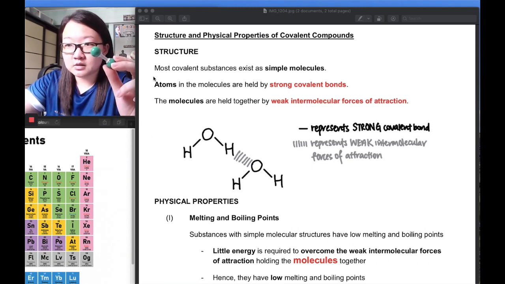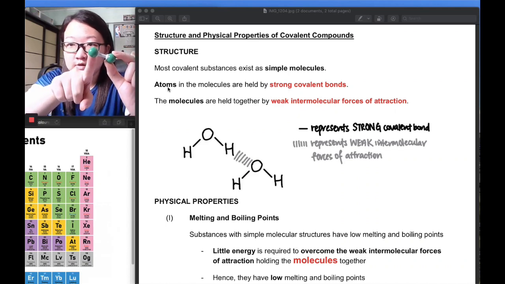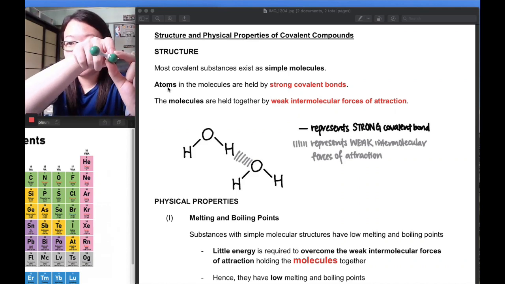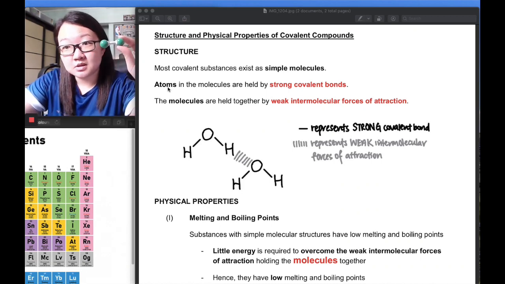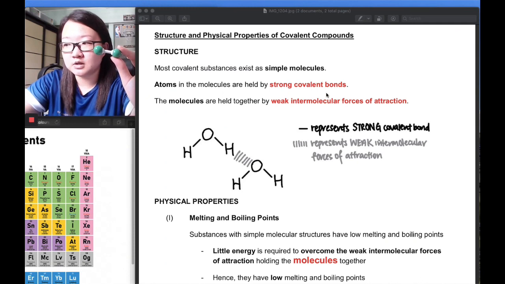Like what we have seen previously, let's just quickly do a recap. Most covalent substances exist as simple molecules, okay? And in this molecule, for instance the one that I'm holding, fluorine F2, the atoms, which in this case are one fluorine atom and another fluorine atom, are held by strong covalent bonds.